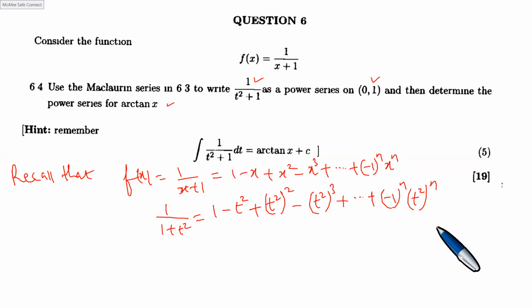Right, so we have this. Okay, we have this. Moreover, we remember that this one was just minus 1 to the power r, x to the r, from 0 to infinity?